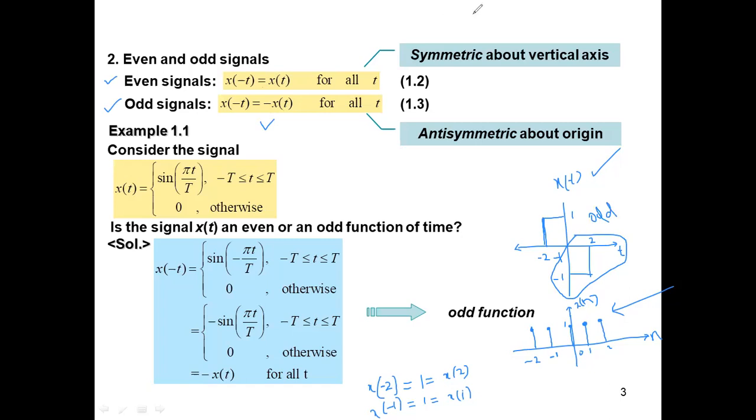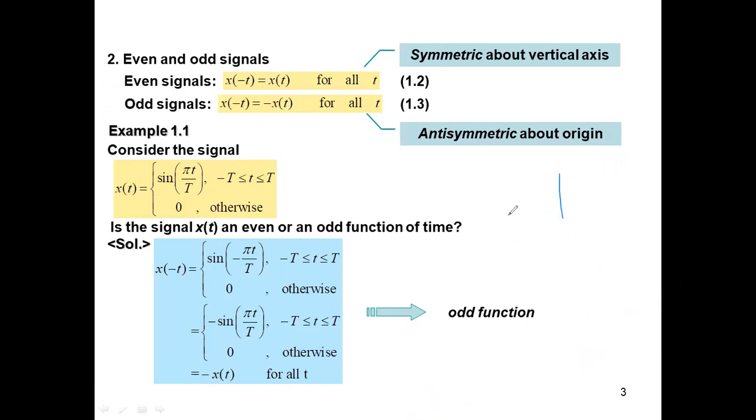Now there is a small catch. Now, if I say this particular signal here, and I ask you whether it's an even signal or an odd signal, what would be your answer? Is it an even signal? For a signal to be even, it has to be symmetric. That means the values on the right side and the values on the left side of the y-axis. These are the values on the right side.